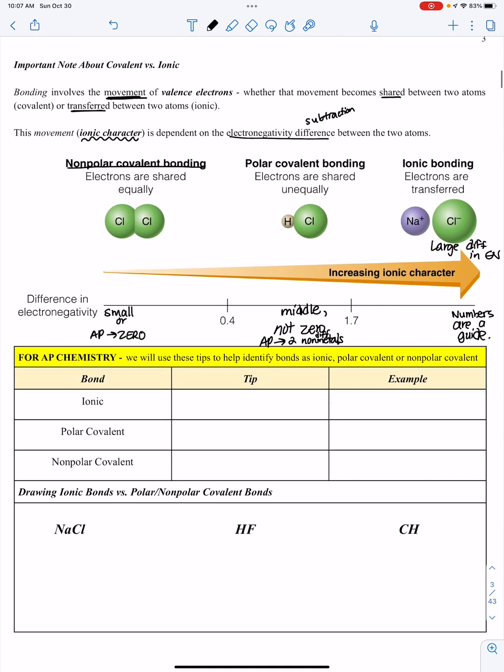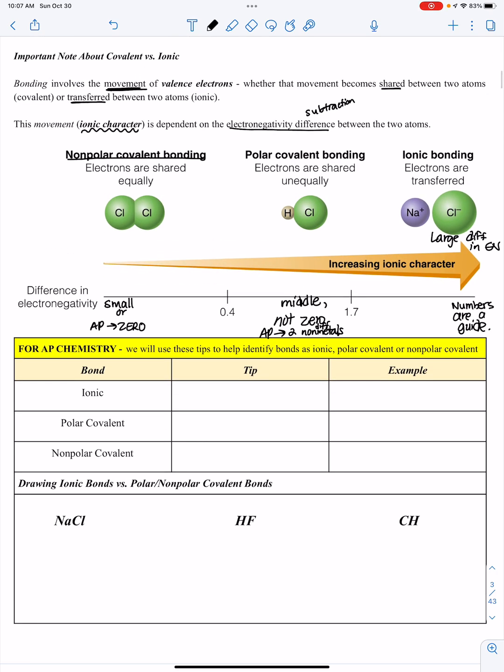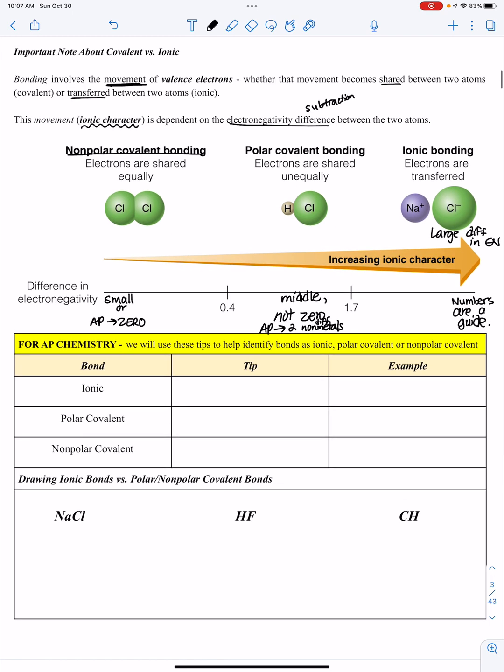There are going to be some AP Chemistry tips for talking about molecular or ionic polarity, or ionic bonding and polar and nonpolar covalent bonding. If you Google things or go to college, it's a little bit more complex. For AP, they try to make it very specific so it's not vague.